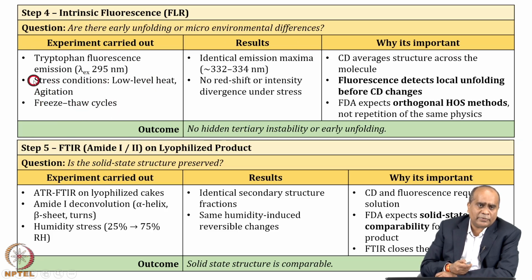Now, with excitation at 295, emission we are having at 320 and 324. If there is a red shift or any change in the intensity, we can find out something is happening, and that indicates that aggregation is happening. If nothing is changing, you will get identical emission spectra.